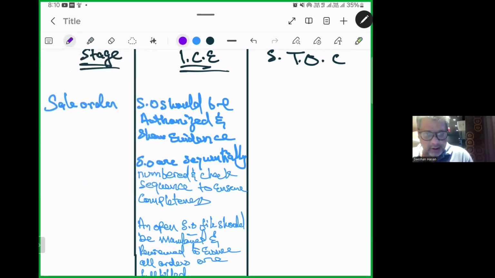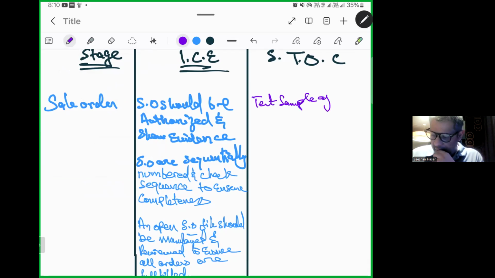Now the sample test of controls are: test a sample of sale orders for evidence of authorization.